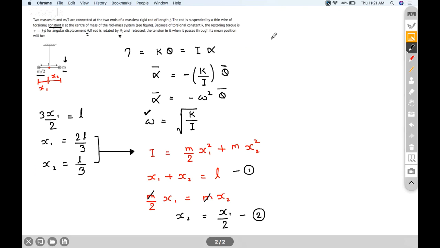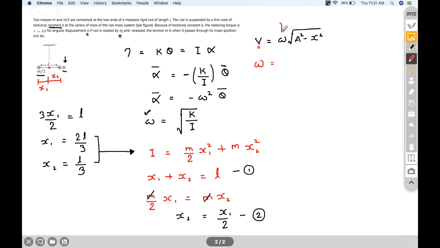You might already know that the relation for velocity in simple harmonic motion is omega times the square root of a square minus x square. This is for simple harmonic motion. Here, for angular simple harmonic motion, instead of velocity you will have angular velocity.